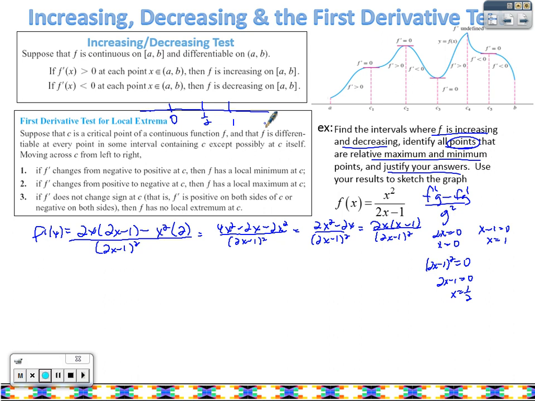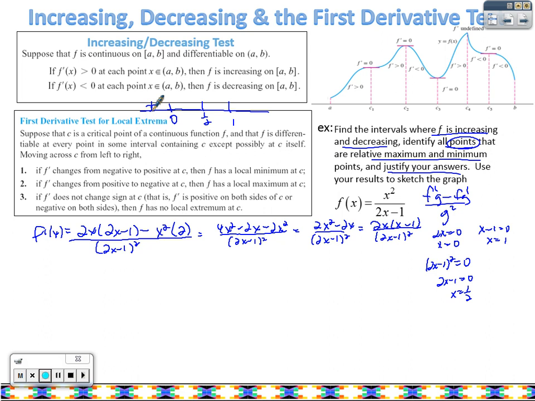All right, so now I'm going to refer to my derivative and do my sign chart. If I put a negative number in here, now let's talk about the denominator. Does it really matter what sign of number I put in here? No, it's always going to be positive. So I don't mean to hurt the denominator's feelings, I'm just not going to be dealing with it, because it's always positive. So I'm just going to worry about the numerator. I put a negative number in the numerator, I get a negative times a negative, which gives me a positive.